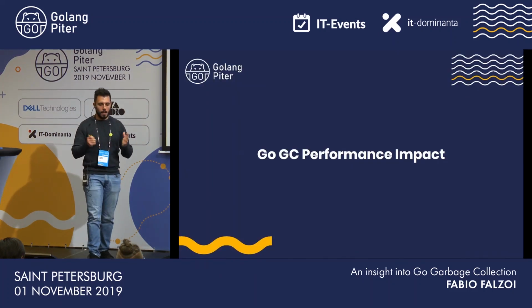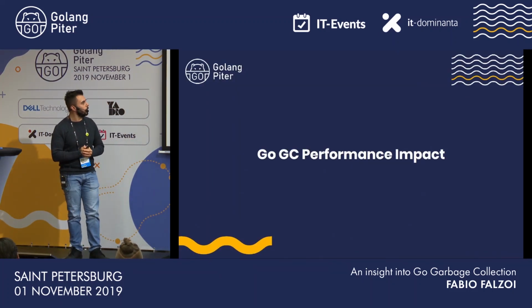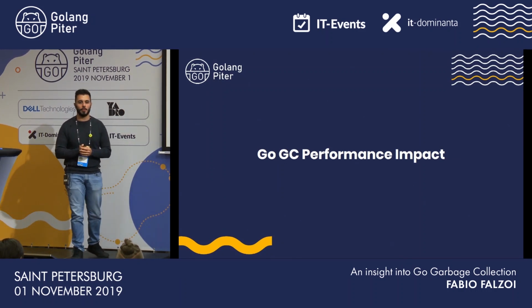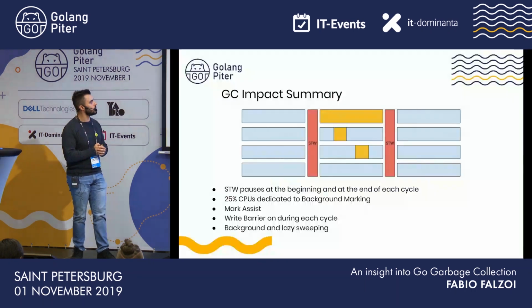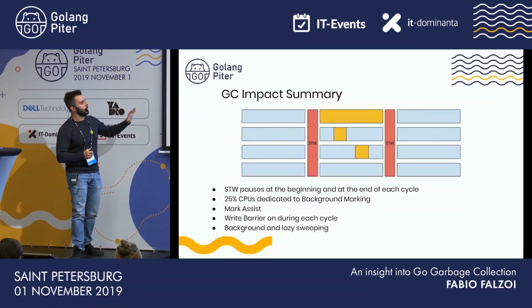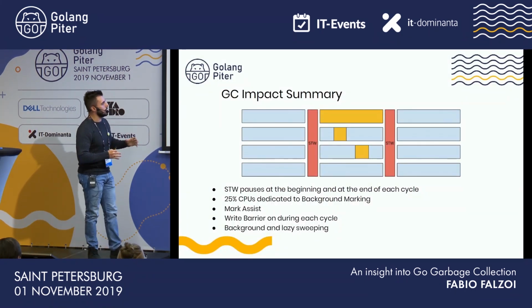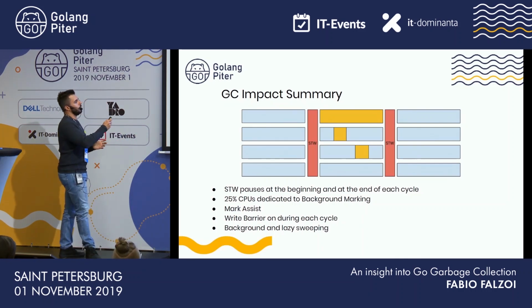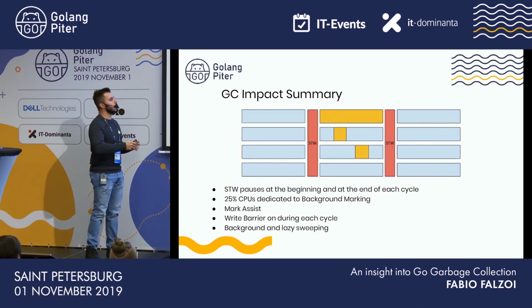Okay, so now that we know quite a lot about Go garbage collection, let's try to reason a little bit about the performance impact on your applications. First of all, a summary, and here you can see what garbage collection is doing, more or less. You can see that now we have two stop-the-world pauses that are bounded.